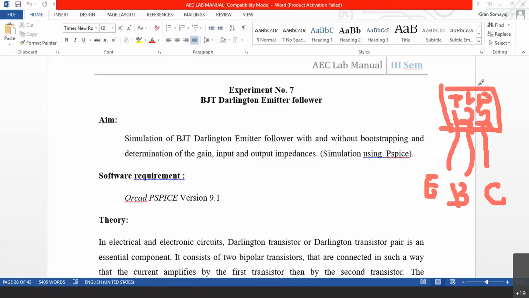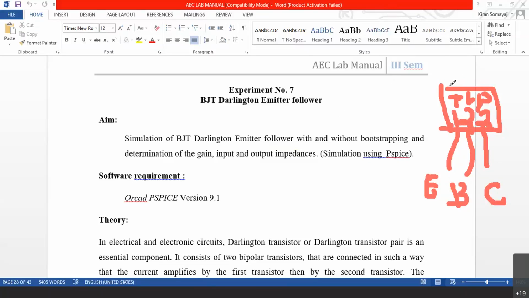When there is TIP 122, internally there are 2 transistors. The shorted collector is taken out, the base of the first transistor is taken out, and the emitter of the second transistor is taken out. Internally there will be 2 transistors instead of us physically connecting 2 transistors separately.